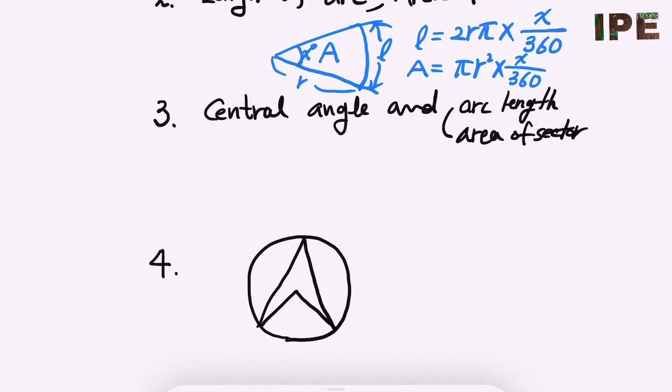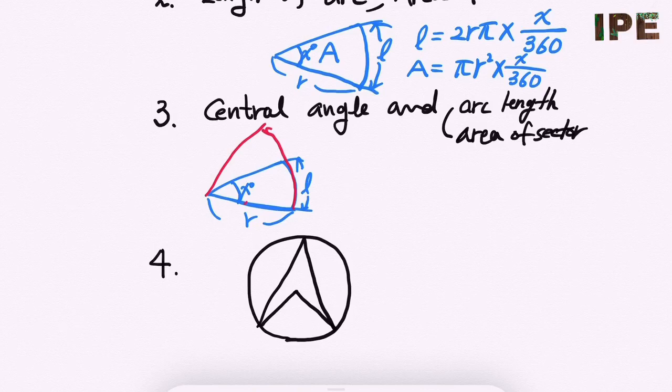So there is a sector. This angle is x degree, the length of this arc is L, and the radius is r. Then another sector, the central angle is 2x. If the central angle is 2x, the length of arc is going to be 2L, and the area of the sector is twice as well.